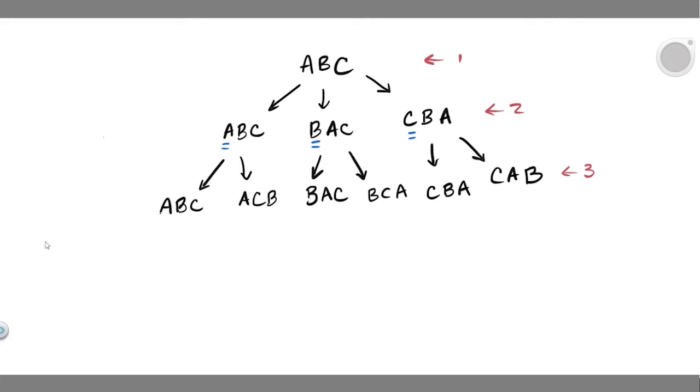Okay, so what could a base case be? I've already talked about the fact that we fixed the first letter, but at level 3, you could think of it as fixing the second letter as well. And if you fix the second letter, you're in a situation now where you only have one character left.